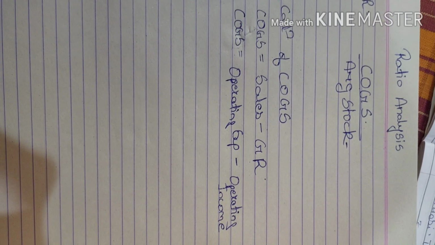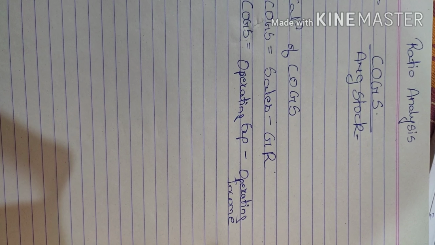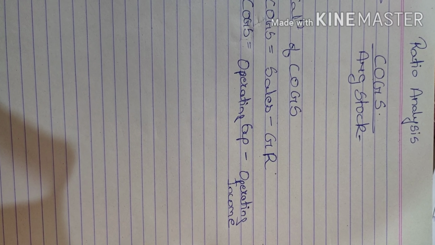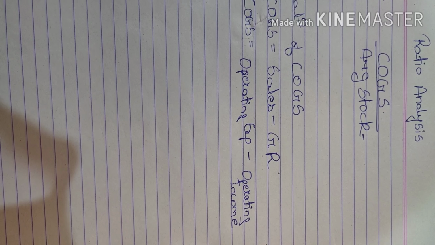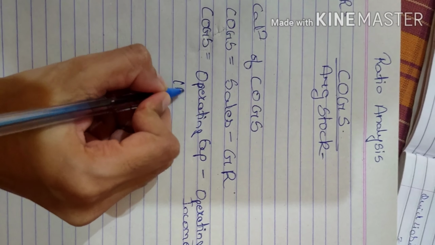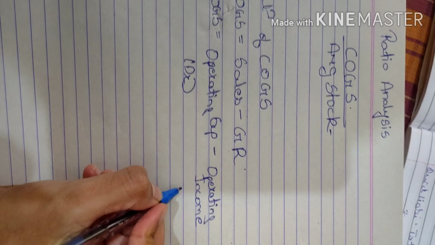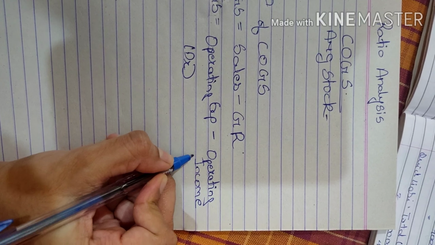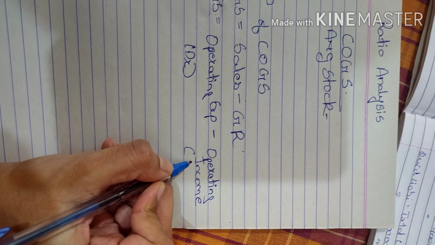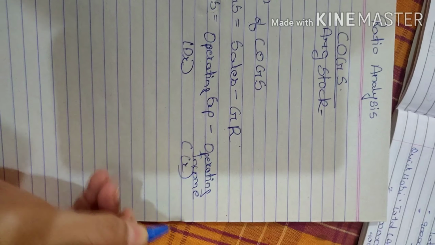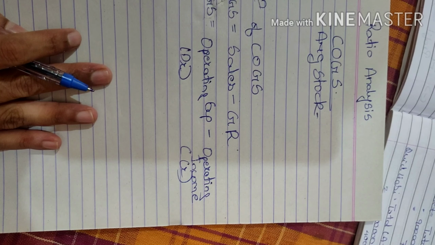Here operating expenses are nothing but all the expenditures which occur on the debit side of the trading account, and incomes are nothing but the incomes which arise on the credit side of the trading account.